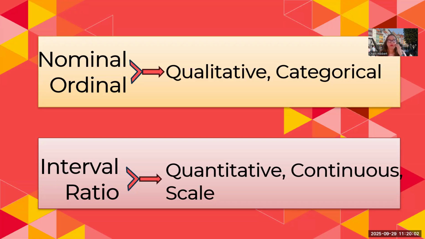Small, medium, large, there's an order to that, but they're not really numbers. If we're looking at the size of someone's foot, we can either say they're size 10 or size 11 or size 12. Those would be numerical. Or we could say they have small feet or medium feet or large feet. Those categories of small, medium, large would be ordinal because they're categories.